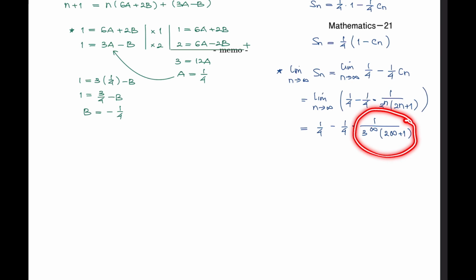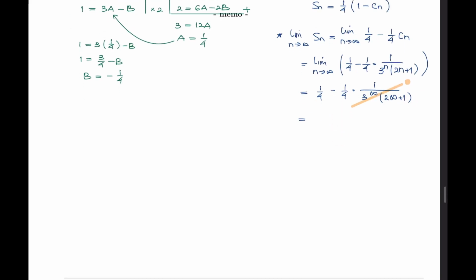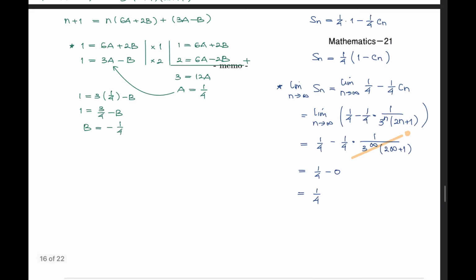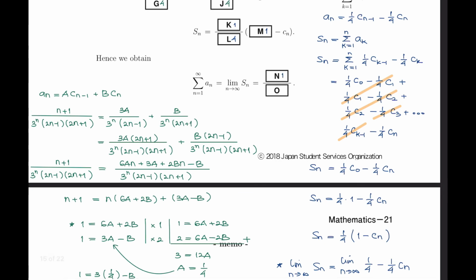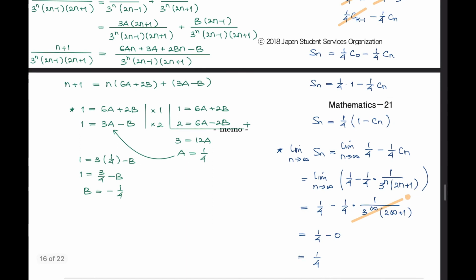Of course, this expression will give us 0, because 1 divided by a very big number approaches 0. And then 1 over 4 times 0, of course, is 0. Then my final answer is 1 over 4. This is the final answer to this question.